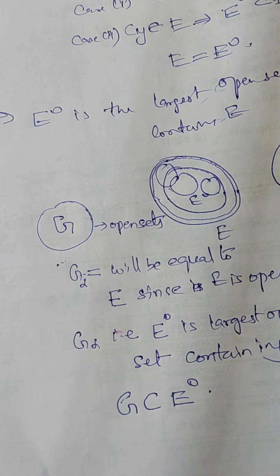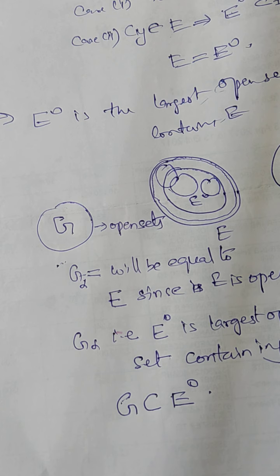Now, precisely speaking, we can take a point x and create a neighborhood of that x, and we consider that neighborhood of x a subset of G, and then this G belongs to the E interior.